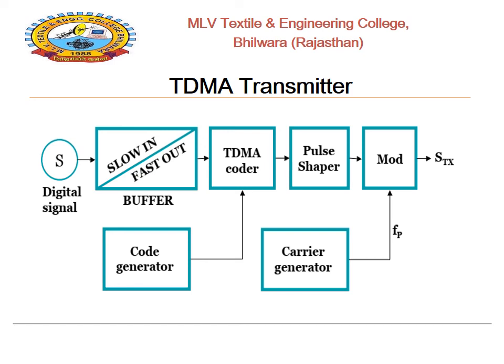Next it is given to the pulse shaper to shape the pulses generated by the TDMA process, and finally given to the modulator. The modulator is connected with the carrier generator, and finally the TDMA signal is transmitted. So that is the whole process of the TDMA transmitter.